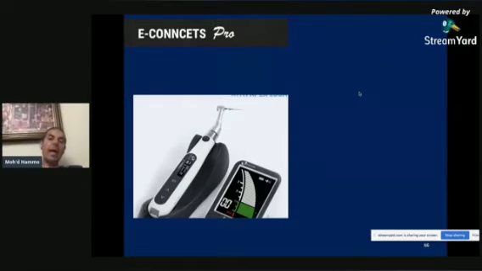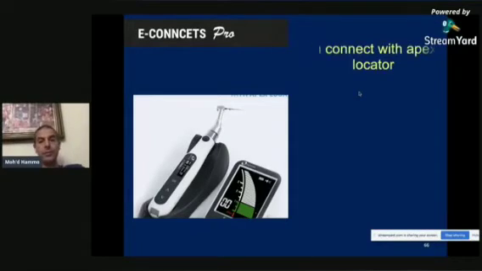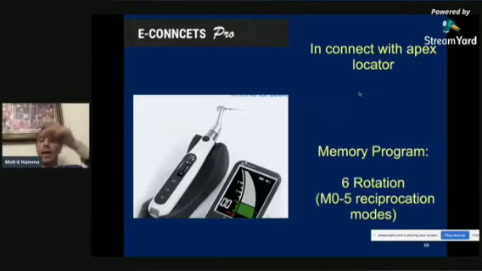They have two types of endodontic motors. First, it is the eConnect Pro. It is separate from the apex locator. It has memory programs, 6 programs of rotation and 1 program for reciprocation.